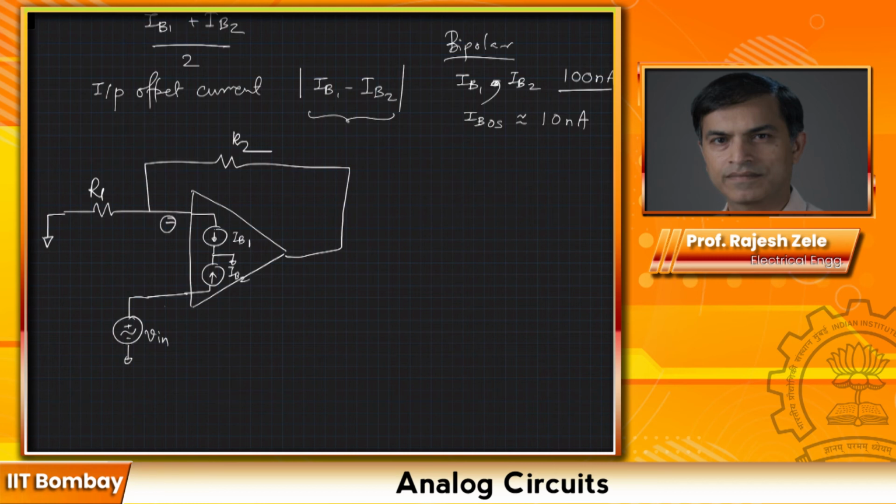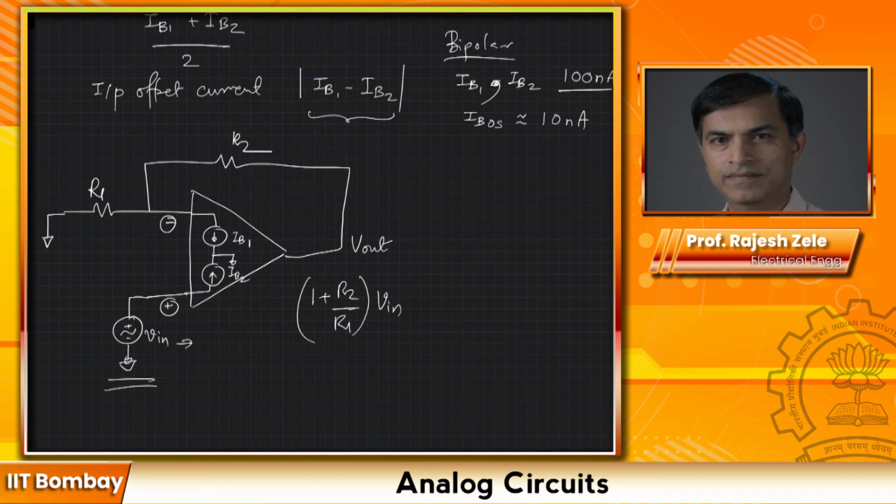So how do we analyze this circuit? Let's analyze the effect of IB1 and IB2 separately. So in that case, we will assume that the input voltage is 0. We know what the input voltage does at the output, which is 1 plus R2 divided by R1 times Vin.